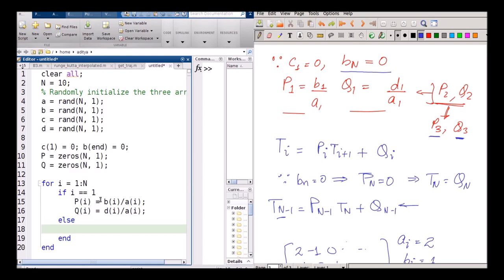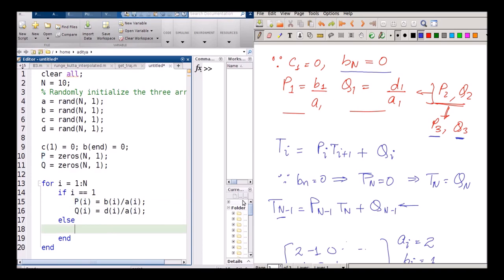So if I double equal to 1, it is checking whether I is equal to 1. If this particular statement is true, it means I is equal to 1, then P1 will be B1 by A1 and Q1 will be D1 by A1, like we have seen over here.